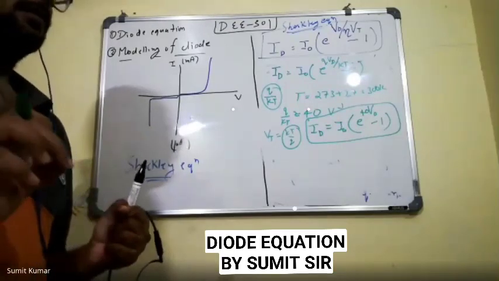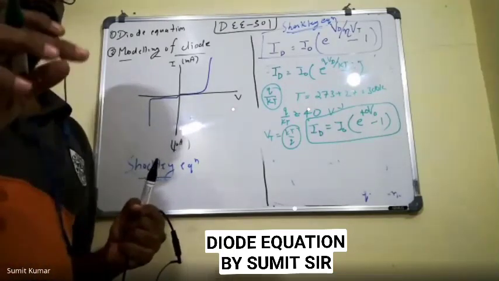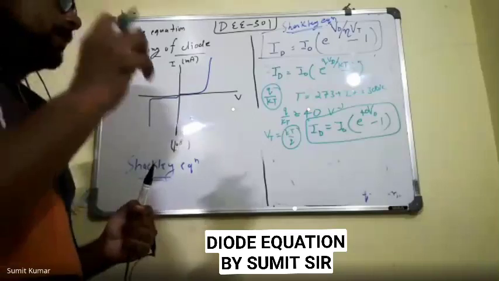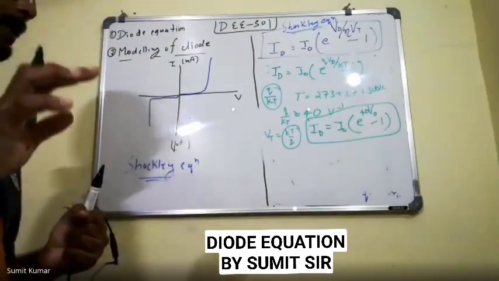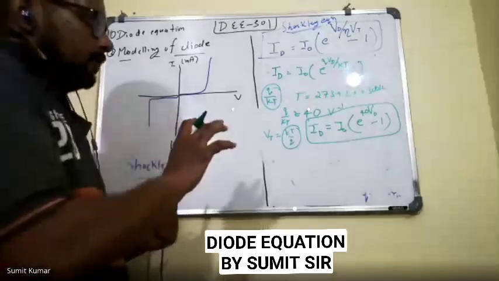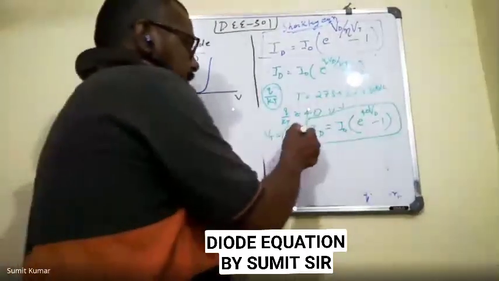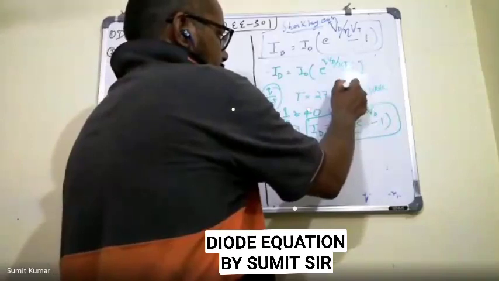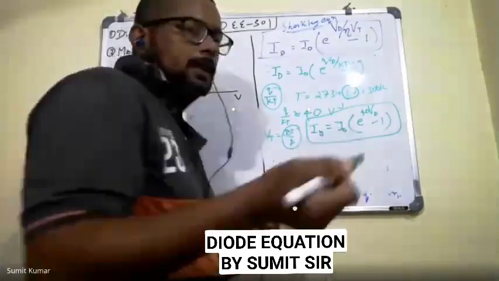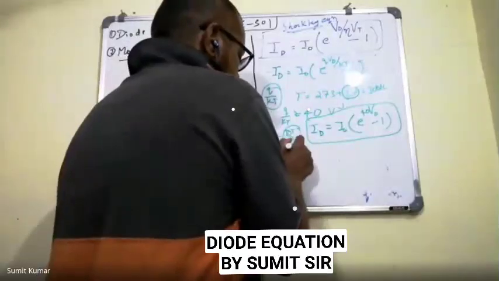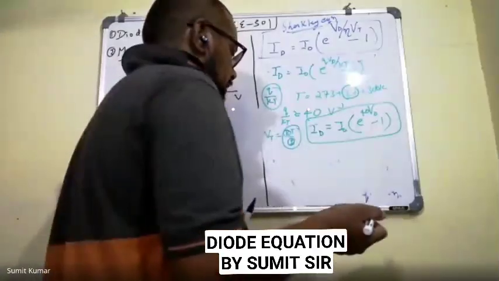If you want to learn more about thermal voltage, you can explore Wikipedia. But right now, this is a constant for us. For a constant temperature, we will treat it as a constant, because this is the Boltzmann constant, which has a fixed value, and this is the charge of the electron, which also has a fixed value.